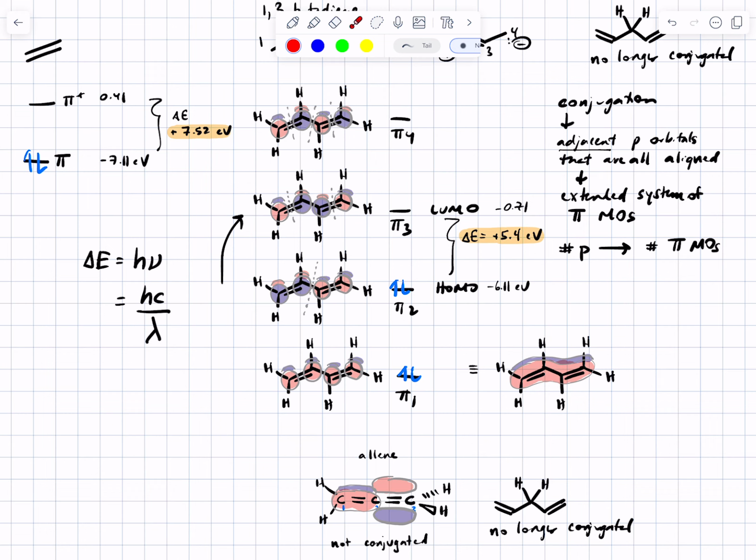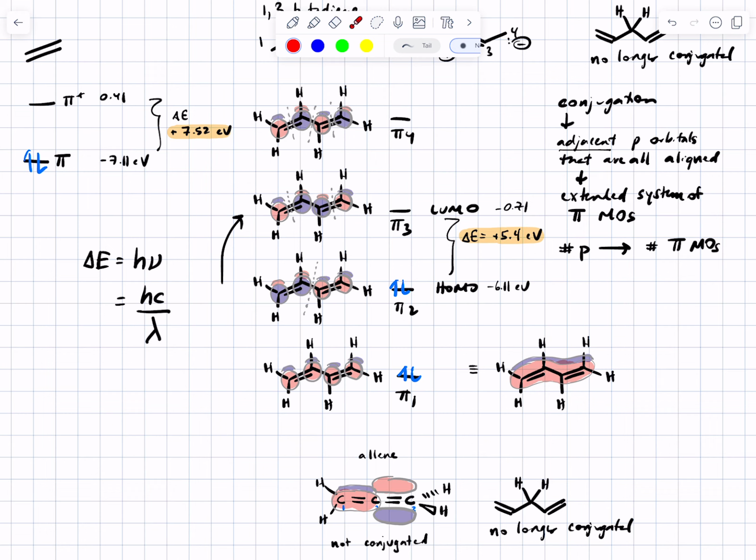But if you get enough conjugation, you can start to have molecules that will absorb in the visible region. And so there's a whole class of molecules, highly conjugated, that are colorful. And in 350, if you take 352 for me, I'll tell you a story about conjugated molecules and the dye industry that led to chemotherapy and all of this cool stuff.